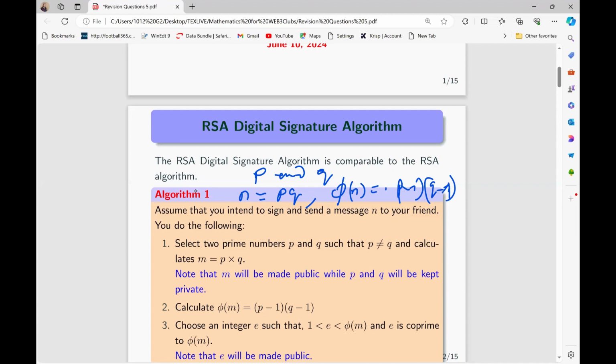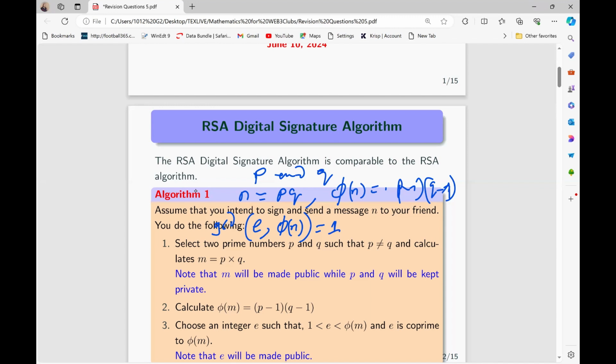Just the same way we did for the RSA algorithm, the same thing we are doing. Then after this, you choose E, the exponent E, and this number we said should be relatively prime to Euler phi of N. In other words, the GCD of E and Euler phi of N should be 1.